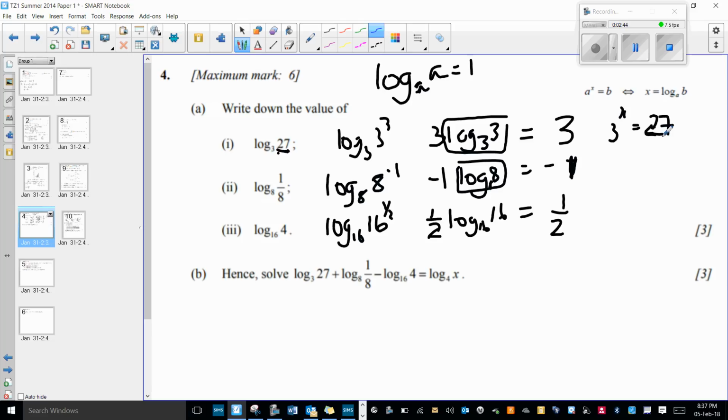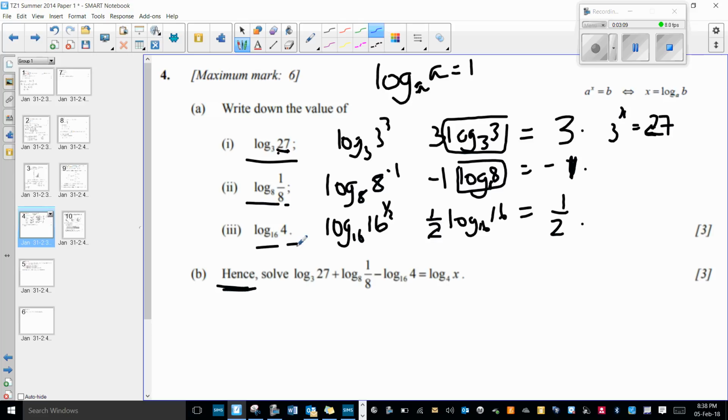Now remember, this word hence for part B indicates that we must use these values that we just obtained in order to solve this equation. So it says solve log base 3 of 27, lo and behold, here's that expression. Log base 8 of 1/8, there's that one, and log base 16 of 4, which is this one.